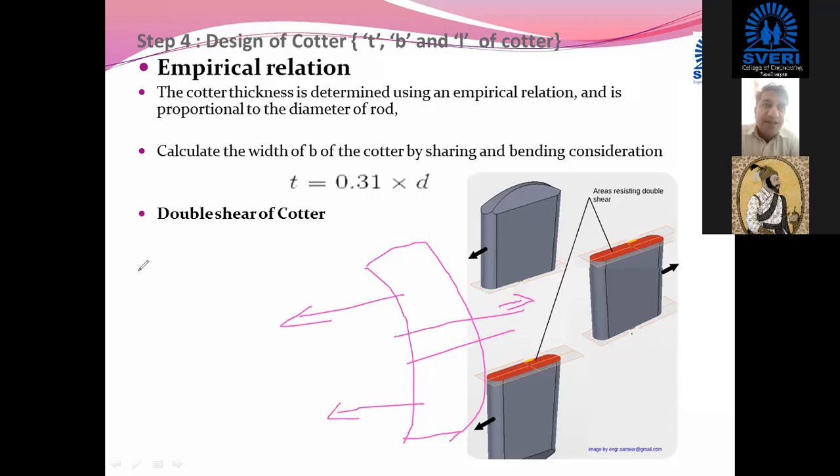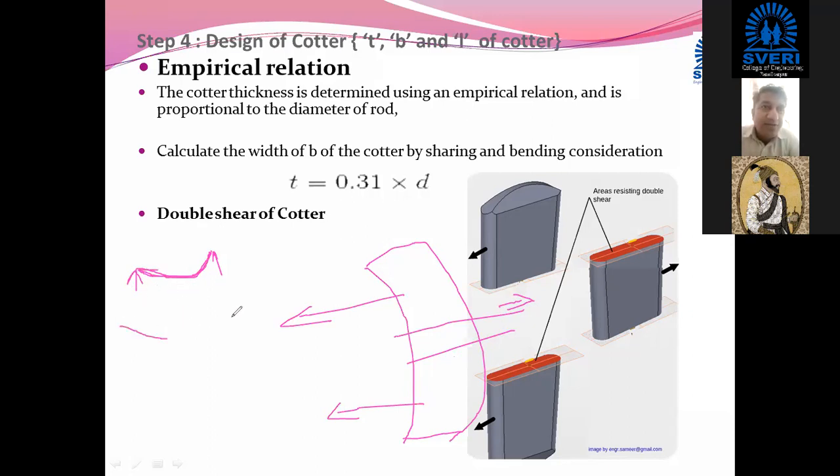Now this bending is calculated from the formula which you have derived in a previous course, that is analysis of mechanical element, or MOM, mechanics of material. So from that, this bending stress value can be calculated. Okay, and this bending stress means what?